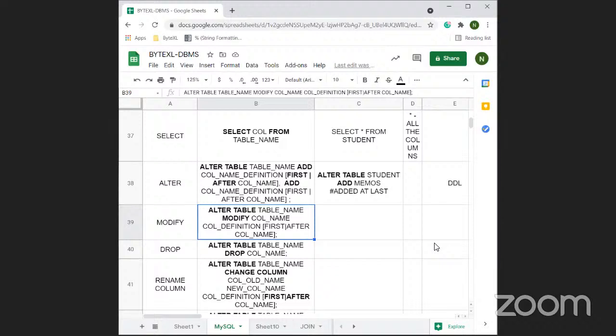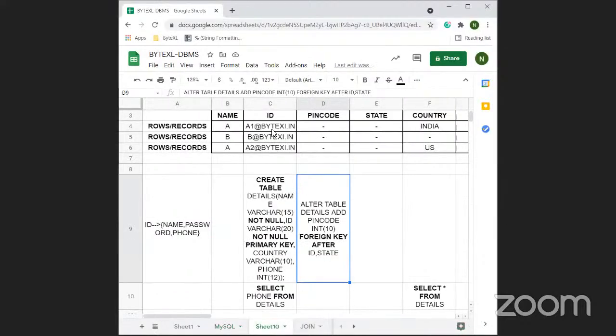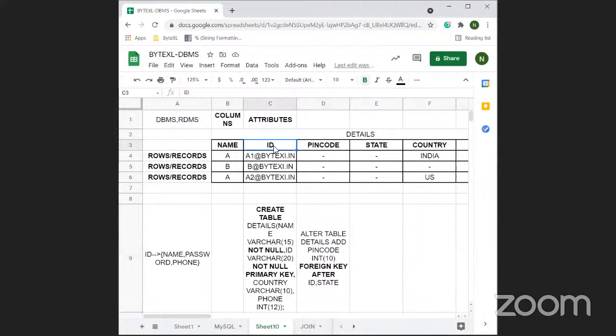Then for everything, the concept is same. If you want to modify some column name, like here the name is ID, I want to change it to email, suppose. Then of course I am altering, but directly I am modifying.